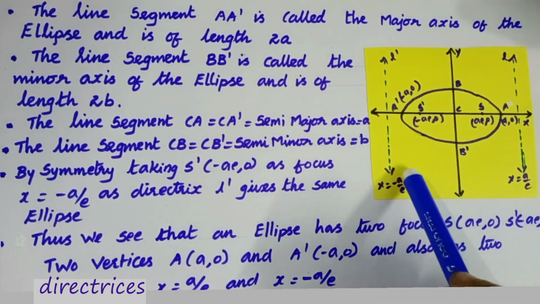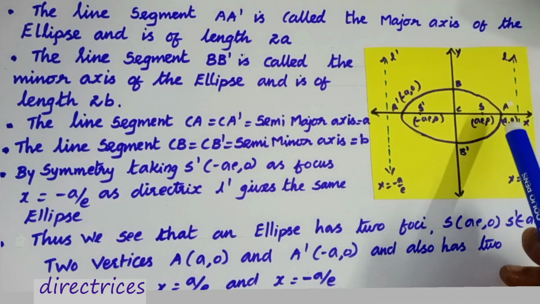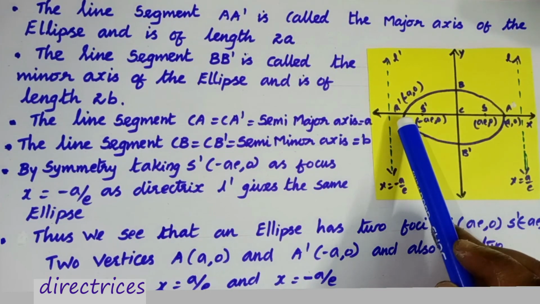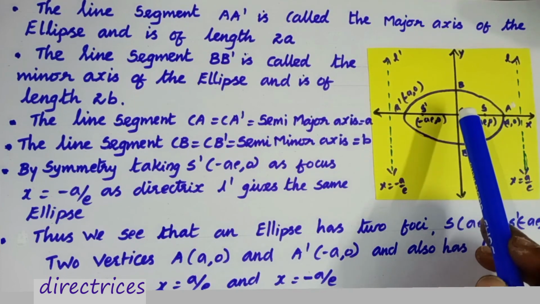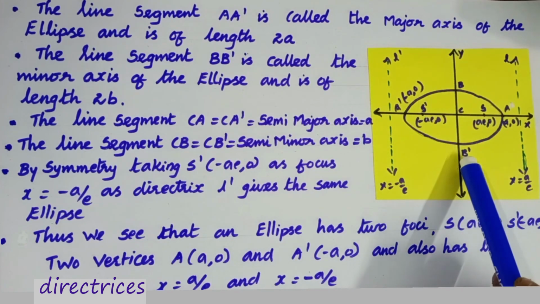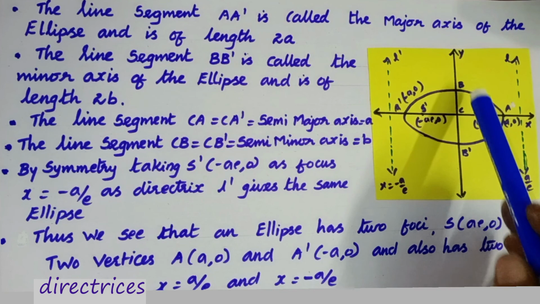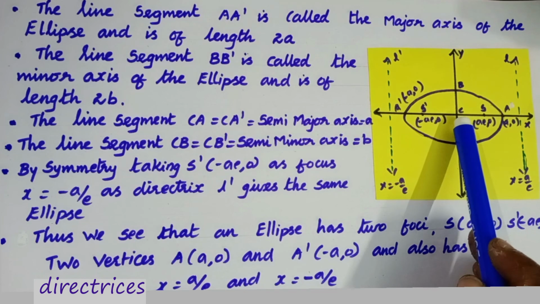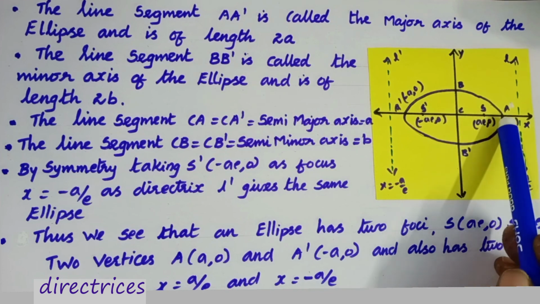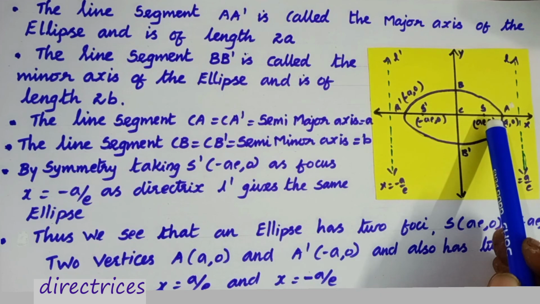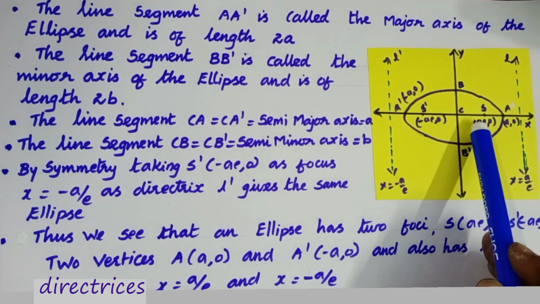Here, from the diagram of the standard form of the ellipse, A A dash is called the major axis, and the length of the major axis is 2a, and B B dash is called the minor axis, and the length of B B dash is 2b. Here the line segments from the center C to A, CA and CA dash, are called the semi-major axis, and this length is a.